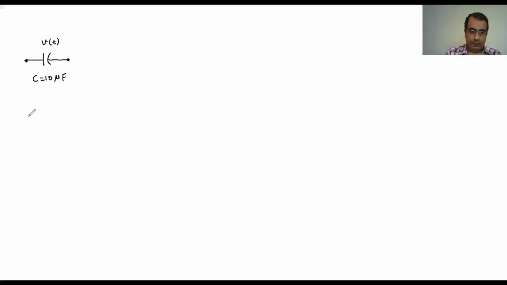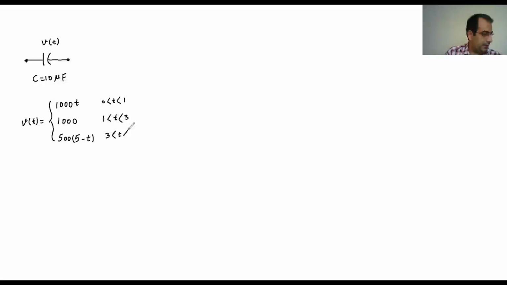Assume that we know the voltage, Vt, for the first 5 seconds, and assume it starts from 0. So Vt is going to be 1000t for t between 0 and 1, and then it's going to be constant 1000 volt for t between 1 second and 3 seconds, and then it's going to be 500 times (5 minus t) volt for t between 3 seconds and 5 seconds.